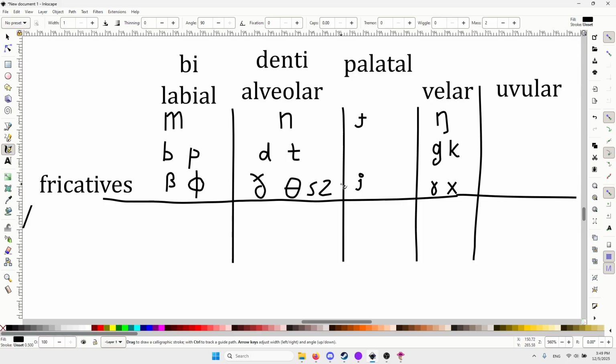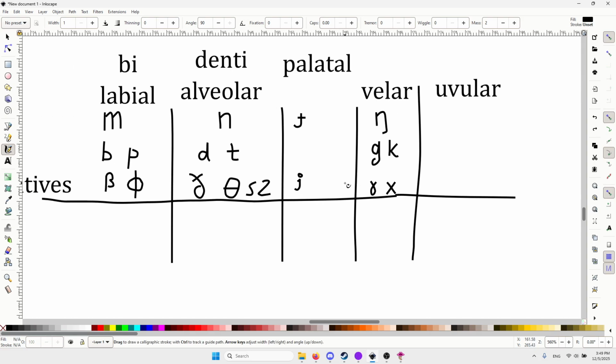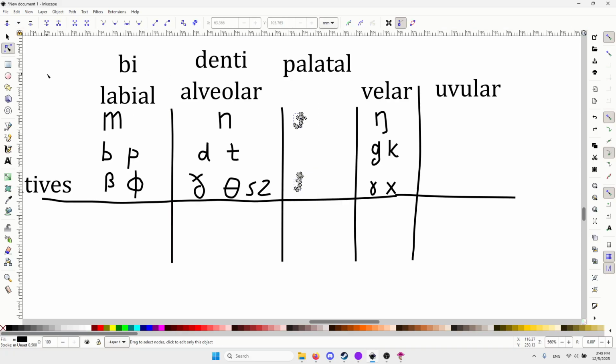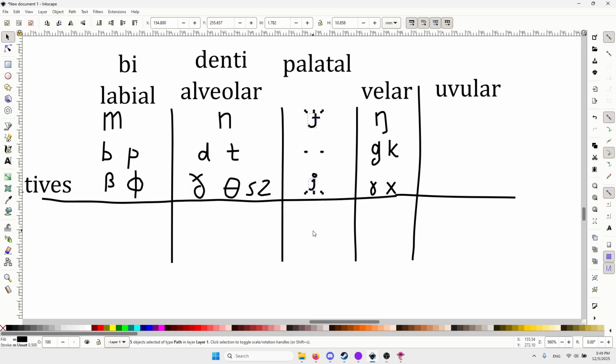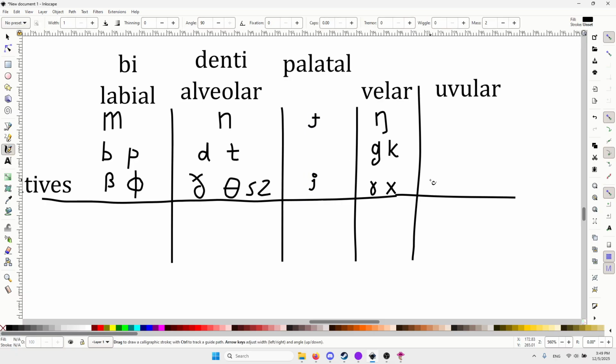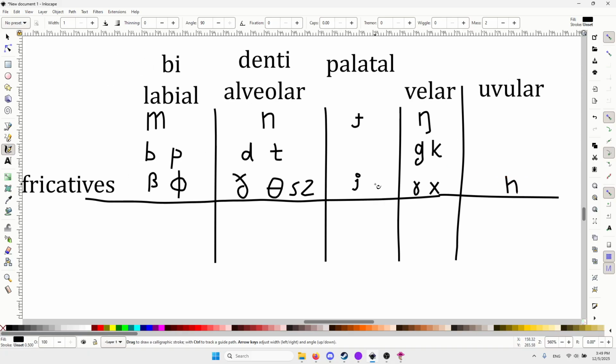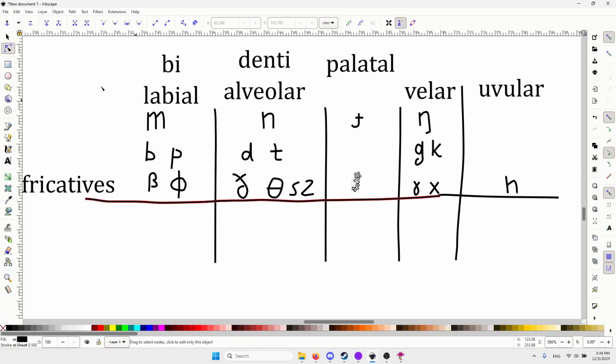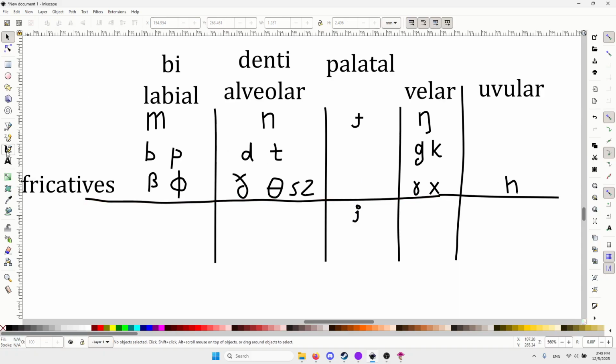So they're also there. I'm sorry if I'm going too slowly, because there's a lot of things I want to talk about. But in the uvular, we have this H sound, this ha, like in English. And finally, we have, this is not a fricative, it goes here.